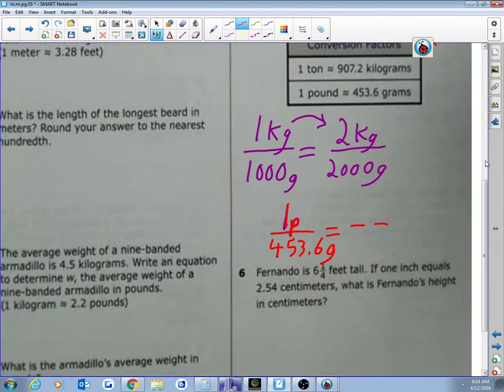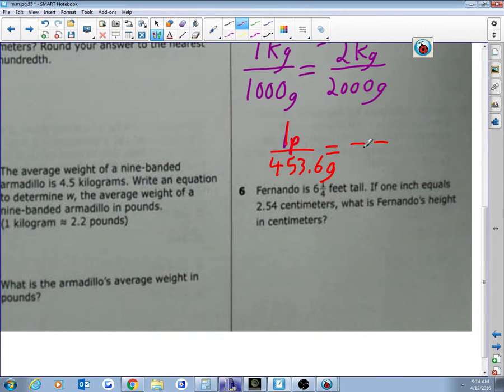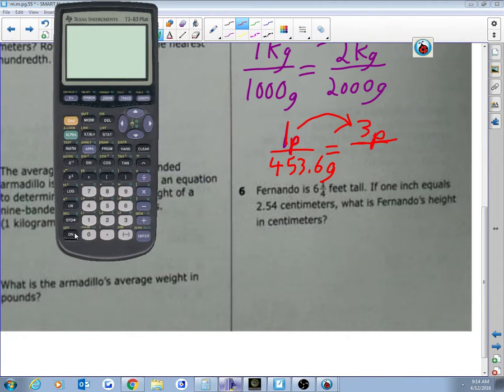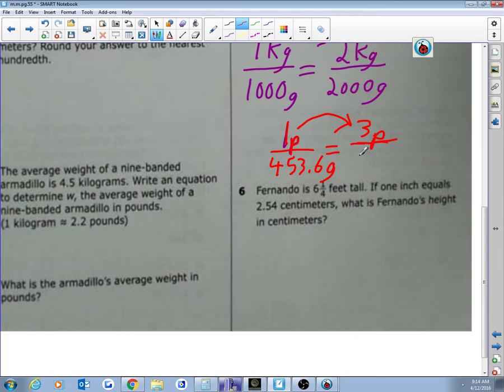So let's see. I'm looking for 3 pounds. Pounds on top, pounds on top. So 1 times 3 is 3. So 453.6 times 3 equals 1,360.8 grams.